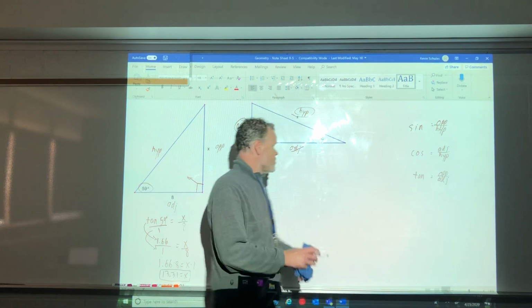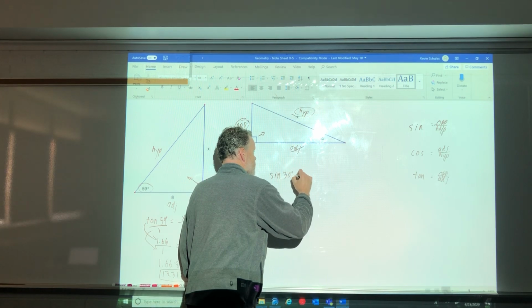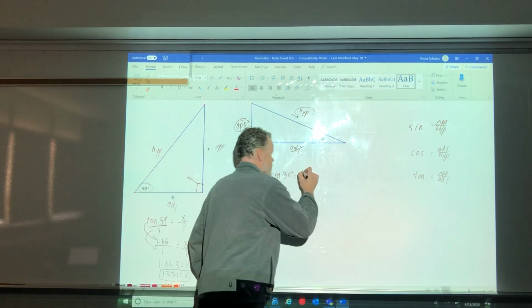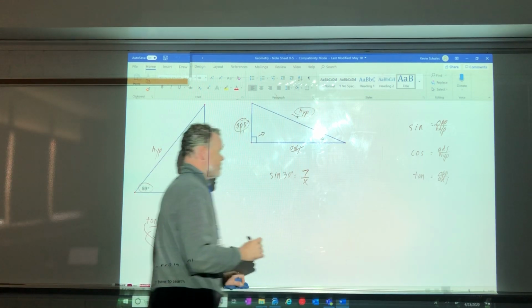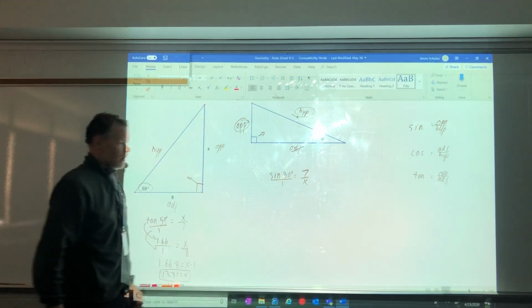So if we're going to use opposite and hypotenuse, we have to go into the function that involves the opposite and the hypotenuse. You can clearly see the only trig ratio here that involves the opposite and the hypotenuse is your sine. So your sine of 30 degrees is going to equal opposite over hypotenuse. So that's going to be 7 over x, okay? I can put sine of 30 degrees over 1, all right?